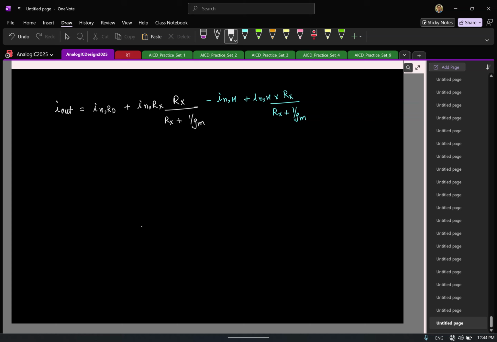So let's simplify this. So this is I_nRD plus I_nRX times gmRX by 1 plus gmRX. So this becomes plus I_nM by 1 plus gmRX. I'm just simplifying it to make a point here.